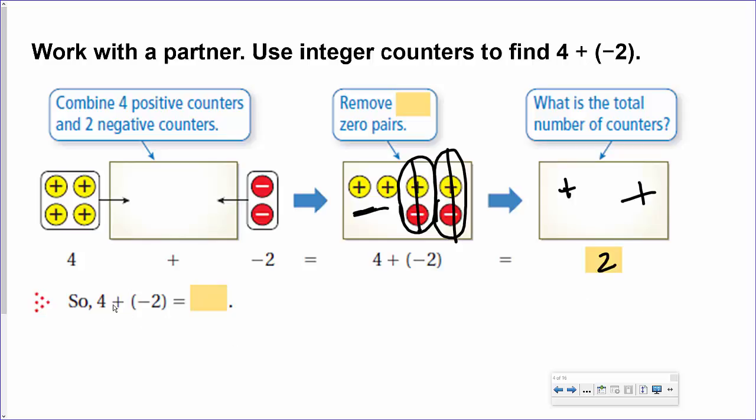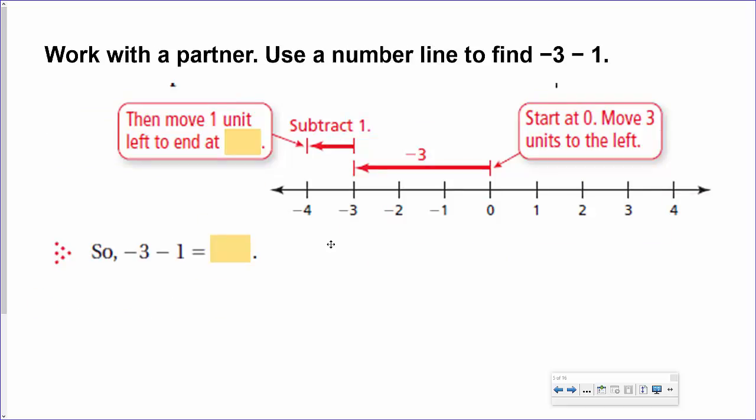Next, of course, 4 plus the opposite of 2, which is the same as 4 plus negative 2, equals 2. We do this again with the number line. So I'm going to have negative 3. I start off at 0, go to the left 3, and then I'm going to subtract 1 more. Subtracting, of course, means 1 unit to the left. So altogether, I started at 0, and now I am at negative 4.